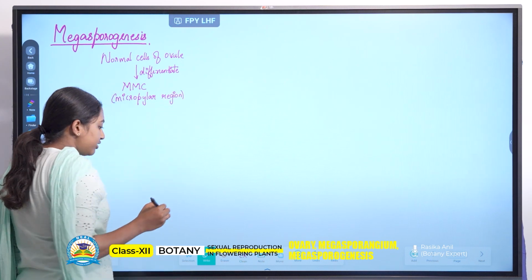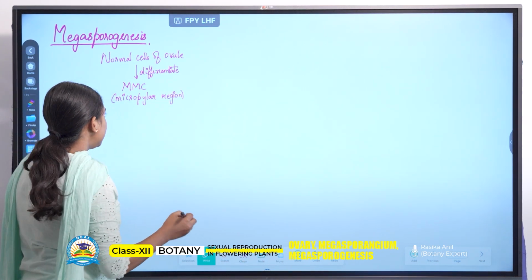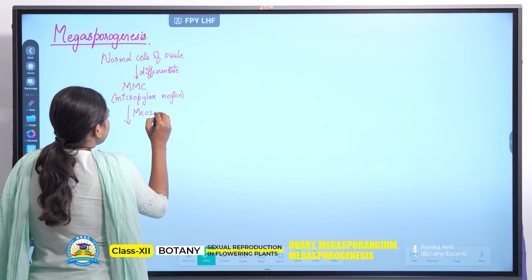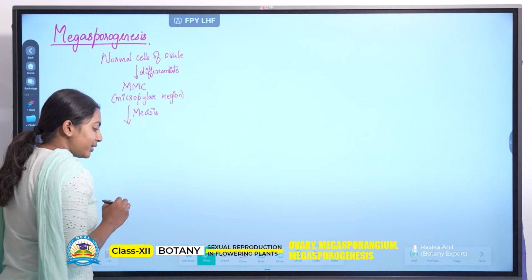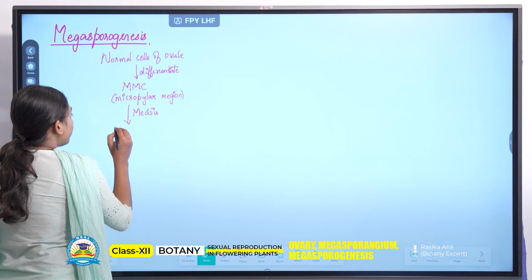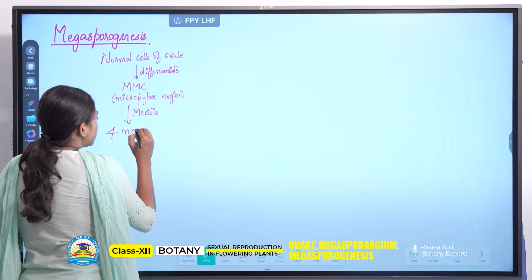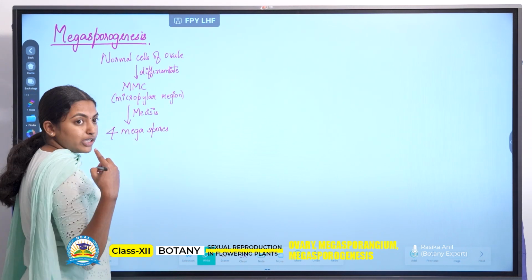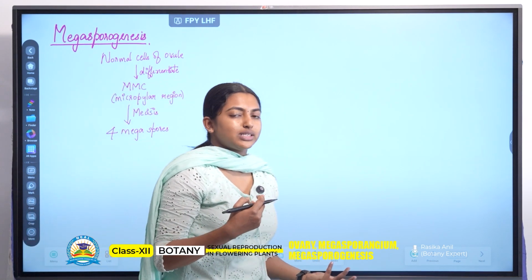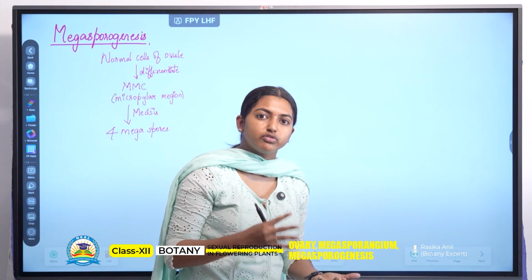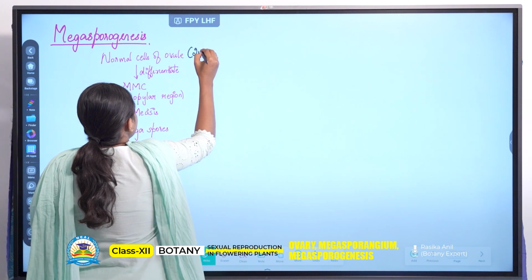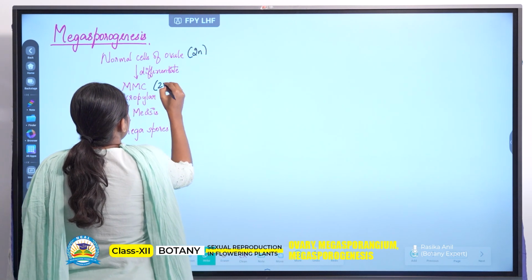Fine. After the formation of this megaspore mother cell, the megaspore mother cell will readily undergo meiosis, right. So if it undergoes meiosis, what will it form? It will form 4 megaspores, right. We know that there it was microspore, here it is megaspore, that's all. So as a result of meiosis you will end up having 4 cells. And let's see the ploidy also. The normal cells are 2n, the megaspore mother cell also is 2n.